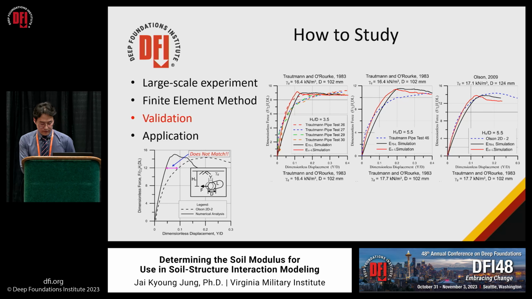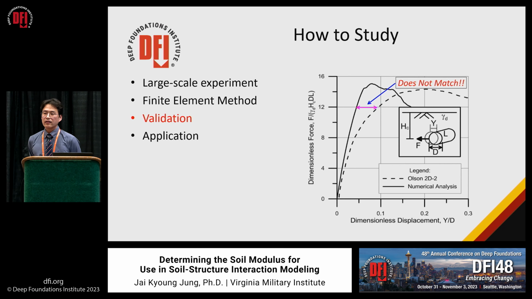Back to your initial part, can you list the good methods to determine the soil stiffness for pile or pipe capacity? I'm talking about pressure meter, DMT, or any other methods that we may have in the field.